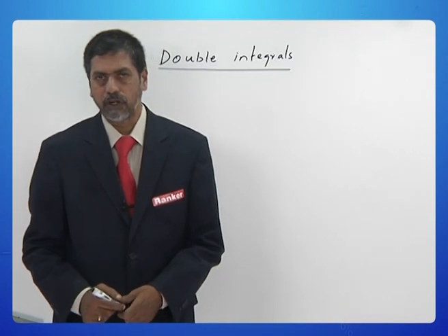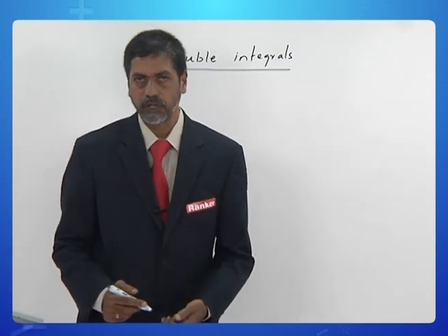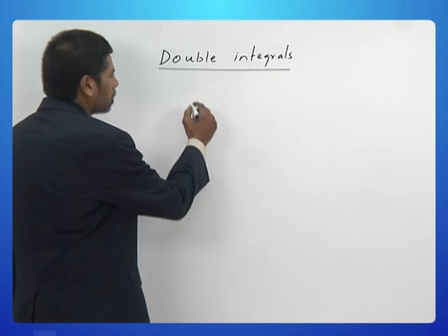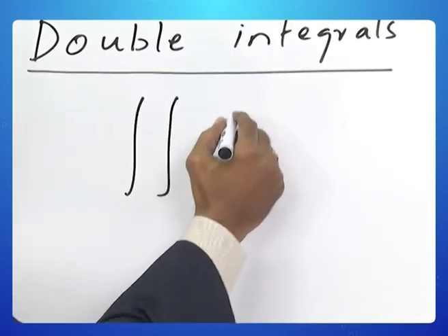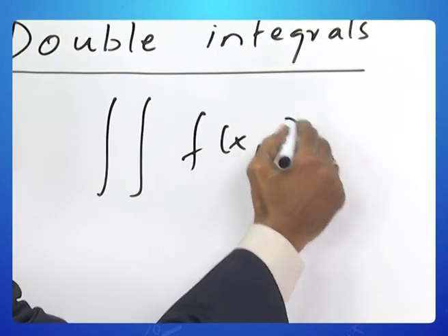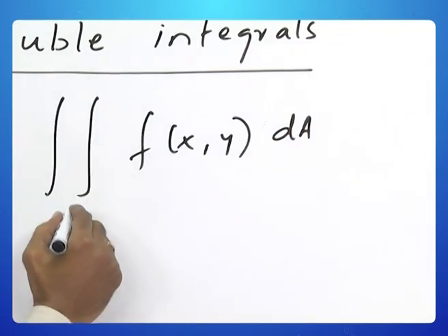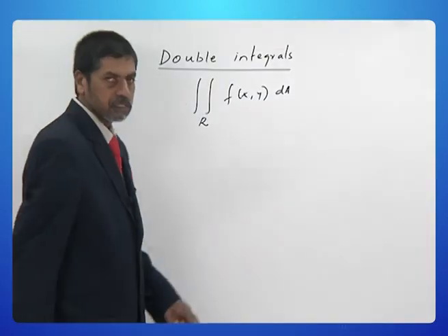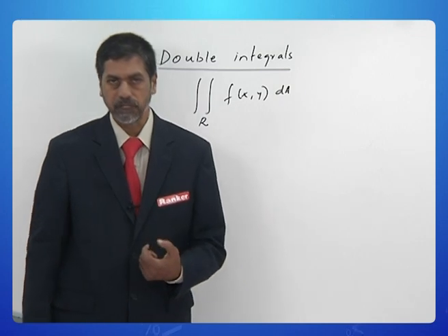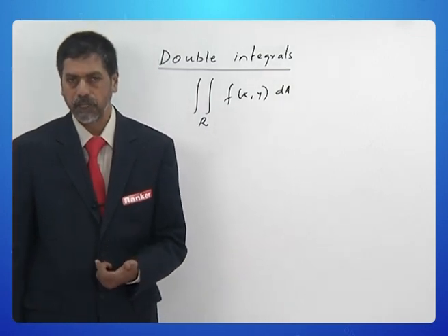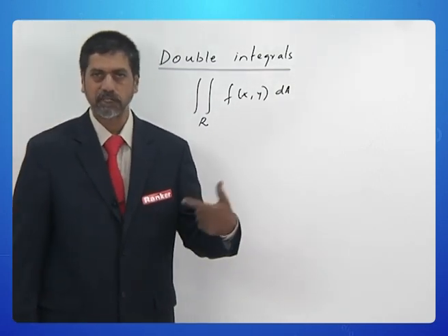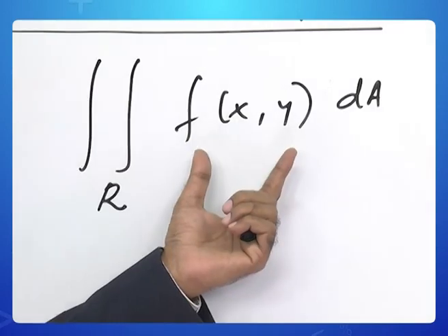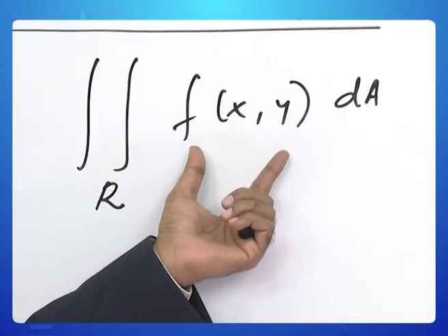Okay friends, now let me take you to a double integral. This is a typical representation of a double integral in Cartesian coordinates. So we can call this simply a Cartesian double integral. Here f of xy is a given function.